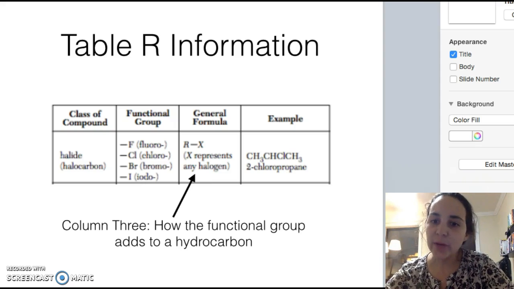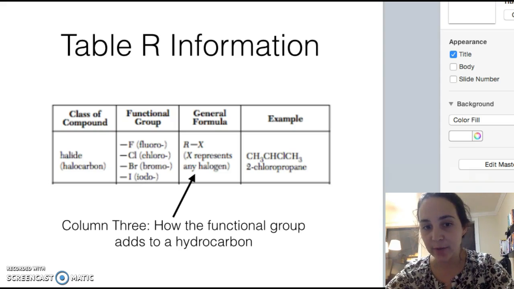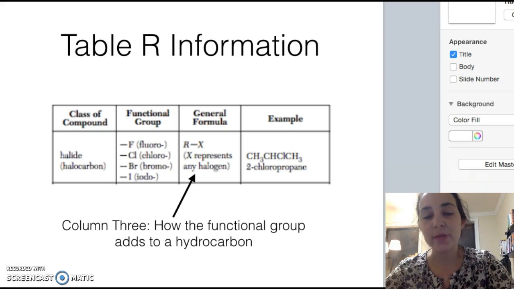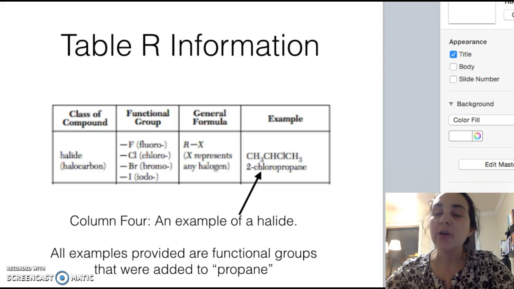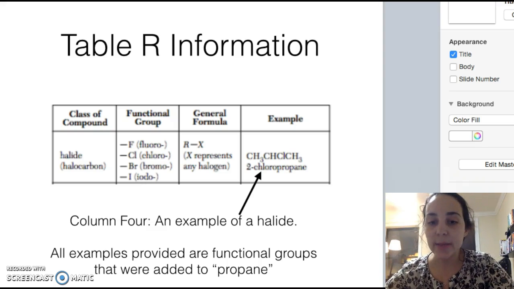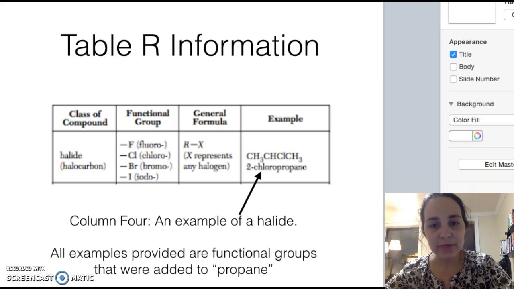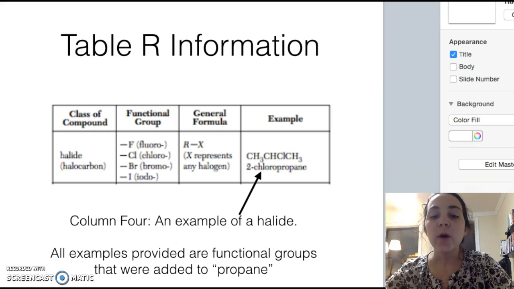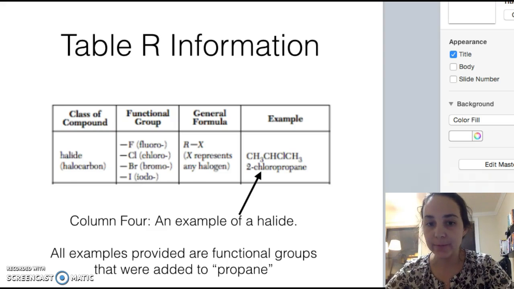In column 3, we have some information about how the functional group is actually added to the hydrocarbon. We're going to talk more about that column in just a minute. And finally, we have column 4, which gives you a real example of a particular halide that is formed. All of the examples given on our reference table are given for the hydrocarbon propane and an additional functional group that's being added to that propane.